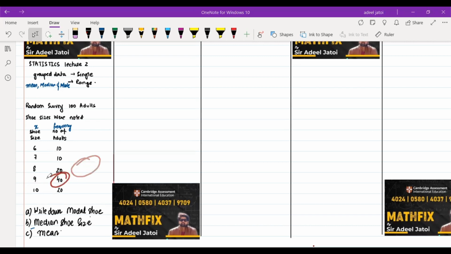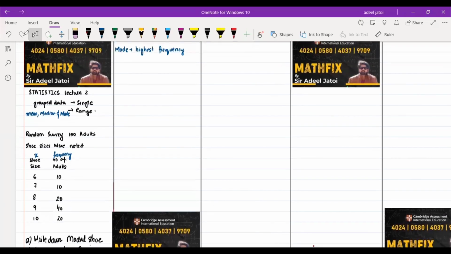That means with 40 as the highest frequency, 9 will be the modal shoe size. So part A: modal shoe size is equal to 9, because 40 is the highest frequency.